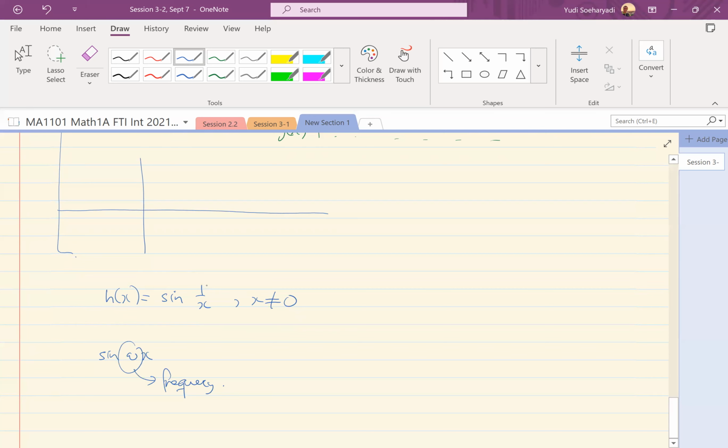So if you have 1 over x, if x is large, so 1 over x is small, then you see that this is low frequency. Okay. When x is small, as x close to 0, 1 over x is large. So what can you say about the frequency?